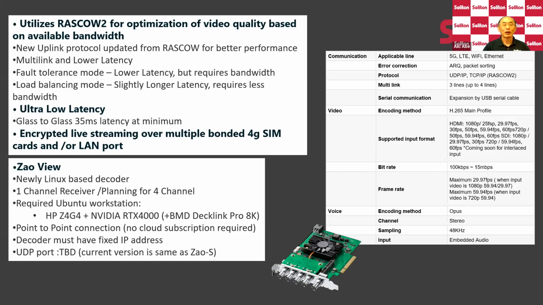On the receiver side, right now we have a one-channel receiver available, with audio and video. In the future, we plan to do this for 4 channels too. Spec-wise, it's an HP G4, a workstation type of computer, with an NVIDIA RTX 4000 graphics board, and as in the picture, a Blackmagic Video decoding card Pro 8K.